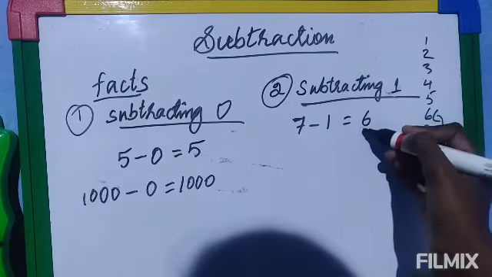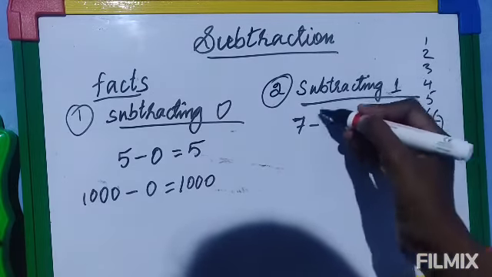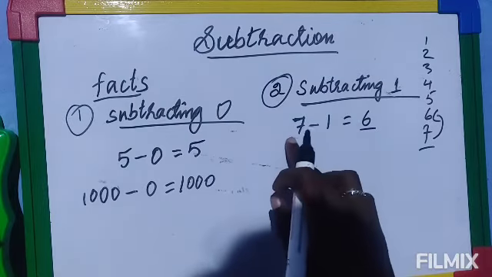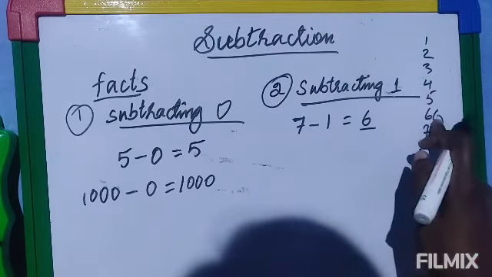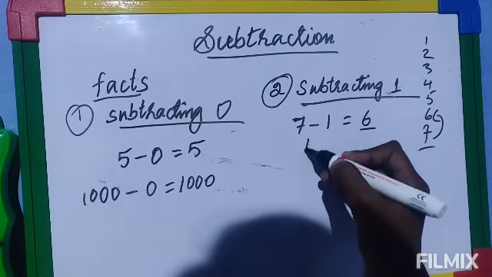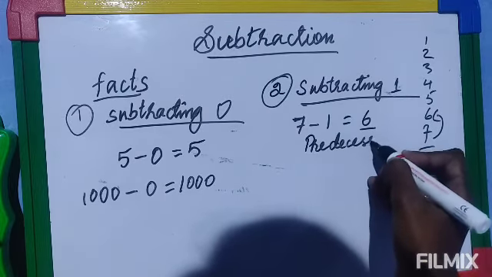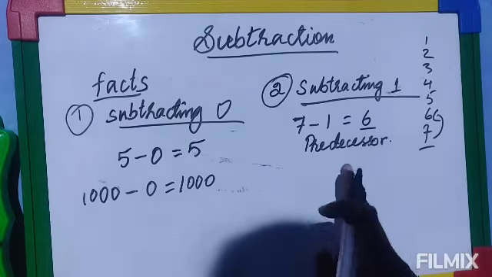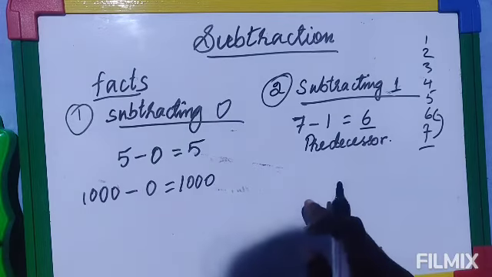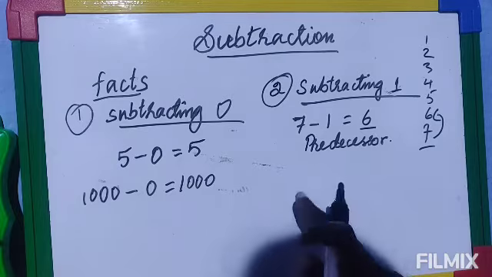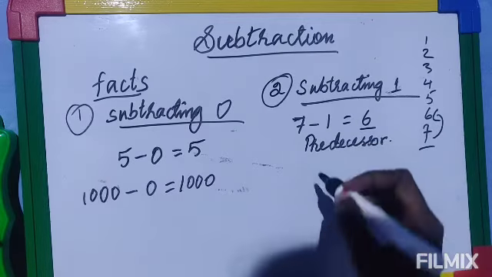The answer 6 is just before the minuend, just before the number in the question. This is what we say when you minus 1: we say predecessor. The before number we call predecessor. So if you minus 1 from any number, you get the predecessor of the number.